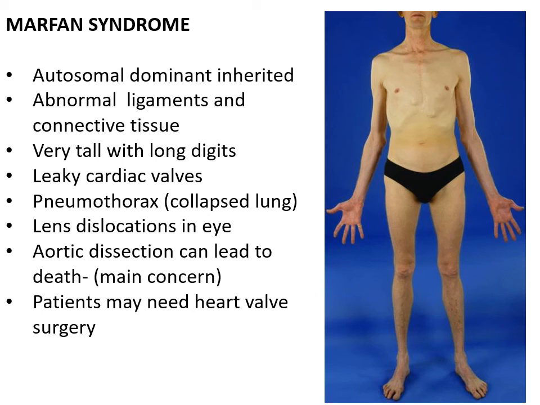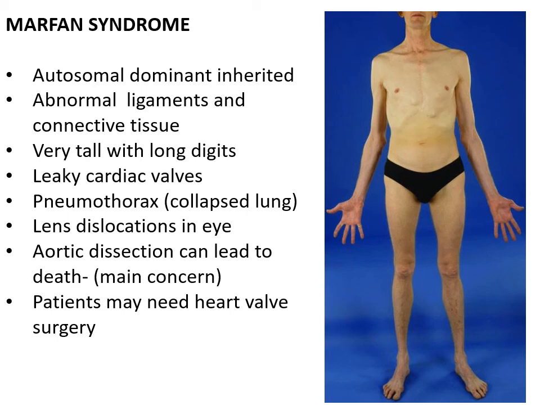So they can have leaky cardiac valves because the tissue is really floppy. So the valves just don't close properly. So they're leaky. The tissue that's holding the lung against the inner chest wall can separate easily, resulting in a pneumothorax.